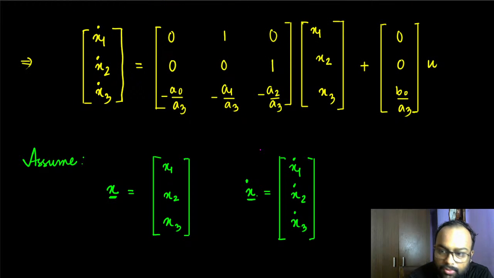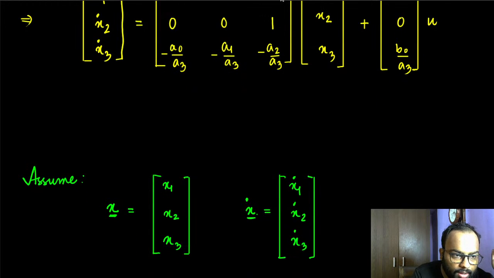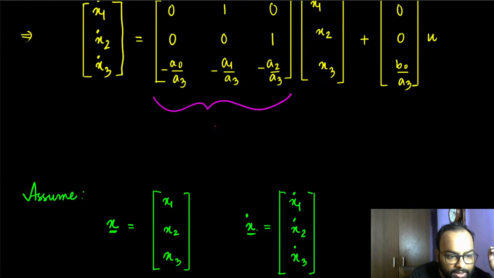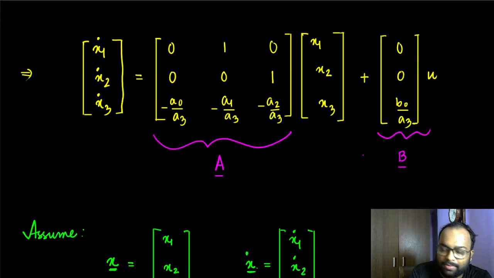So now you see that if we assume this matrix to be a matrix A, and this matrix to be matrix B, then we have a matrix differential equation, right?